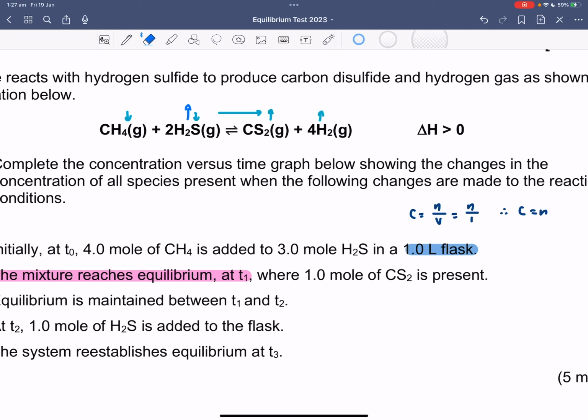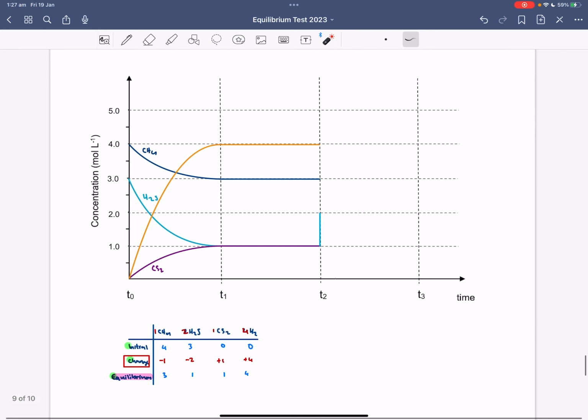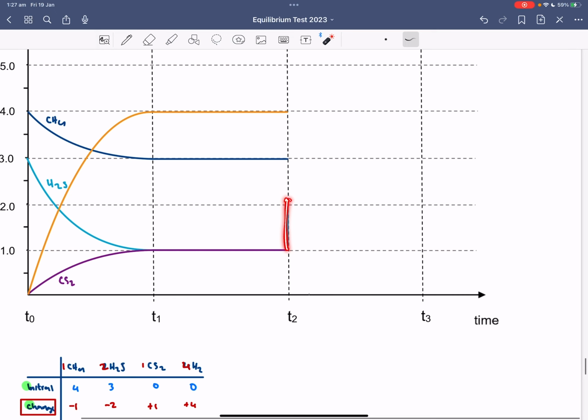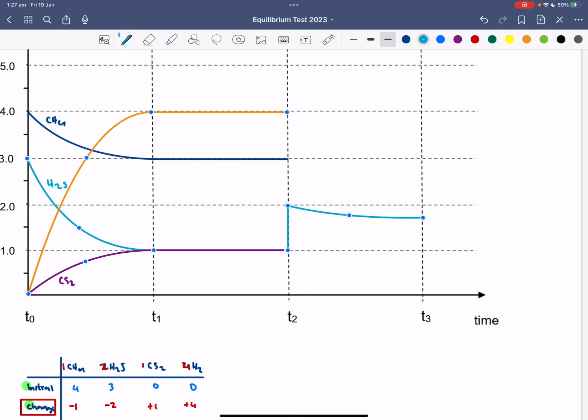Okay, so that's what's going to happen. We don't need to know specifically how much, as long as we follow the ratio 1 to 2 to 1 to 4. So all I need to show is that this has gone up and then it's going to come back down partially. So all we need to do is show that it drops by a certain amount. So let's just say it drops by that much.